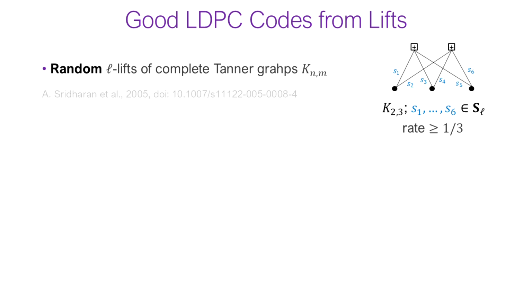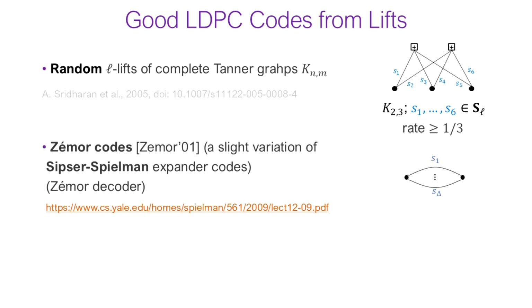Very straightforward ideas: for example, if we start from a complete bipartite graph, we can assign random permutations. Here I show an example of an infinite family of such codes that all have rate at least one third. If we assign these permutations randomly, then it was shown that we get good codes.